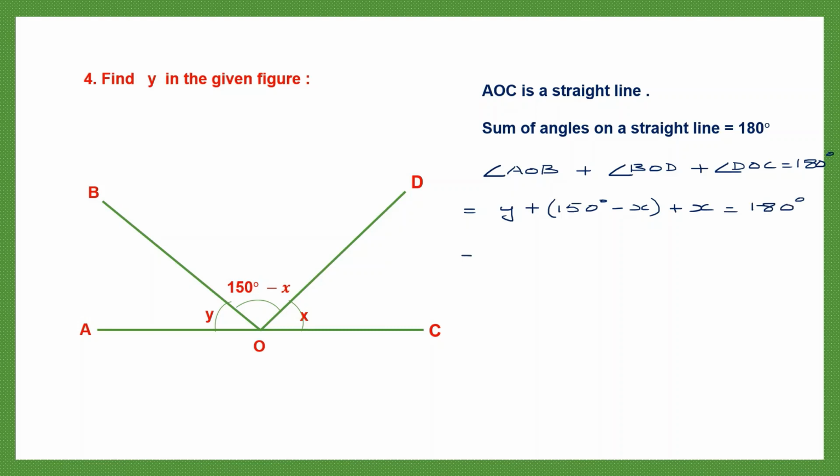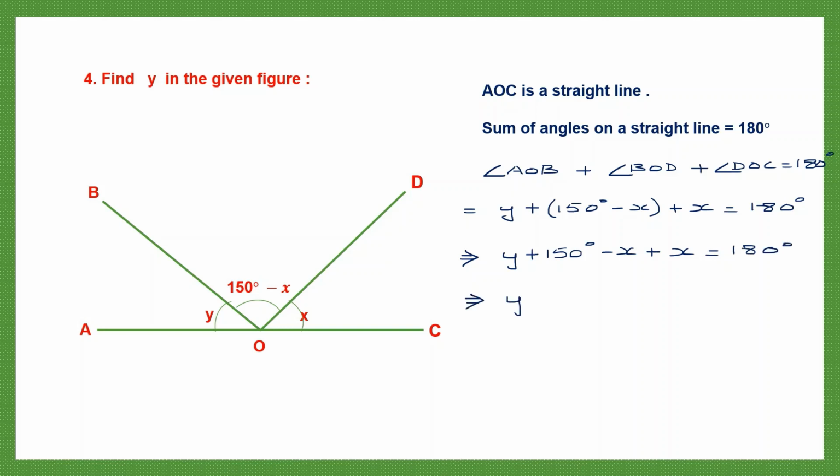So here let's open the brackets. Now when you have a plus sign before the bracket, there won't be any change in the sign of whatever's inside the brackets. So that will be plus 150 without a change, minus x also no change. Then we write the rest, that is plus x is equal to 180 degrees. Now here we need to find the value of y, isn't it?